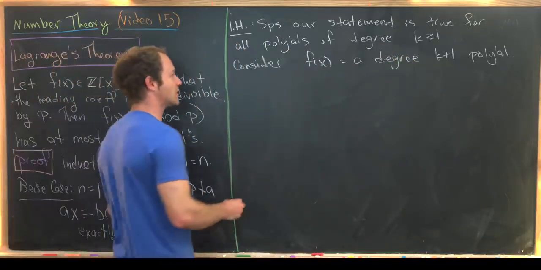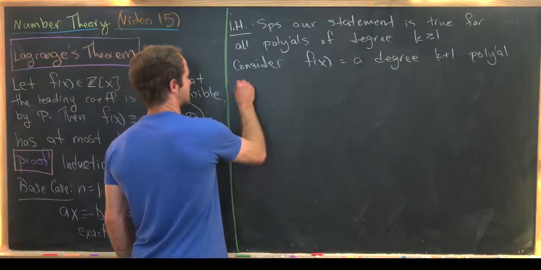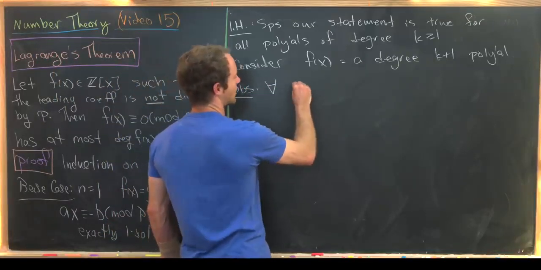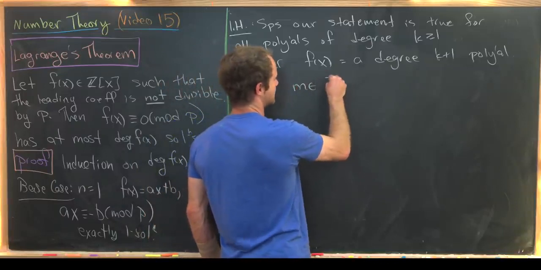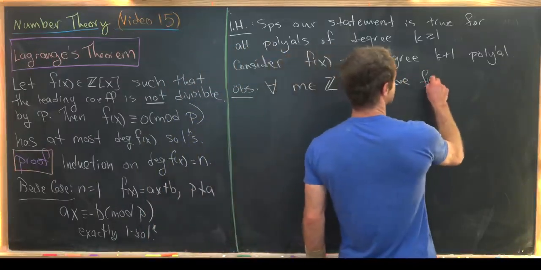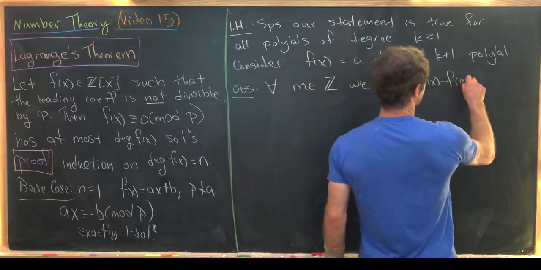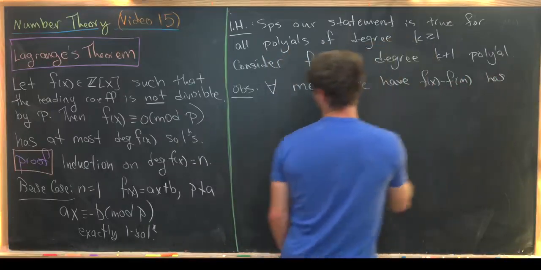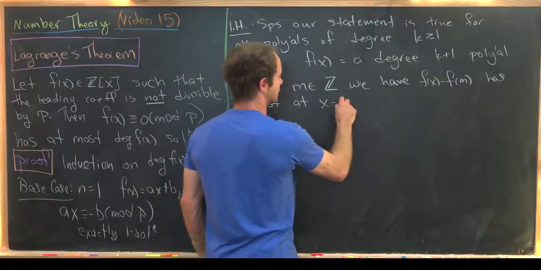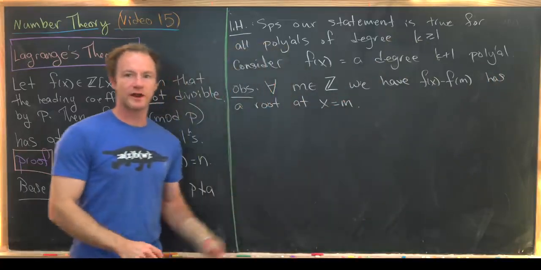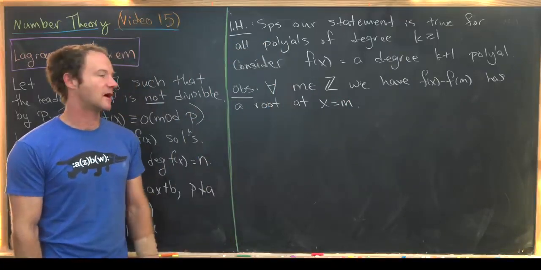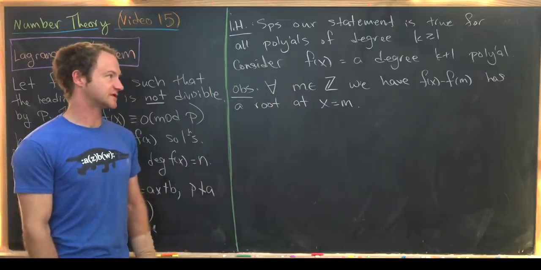Okay, now I want to make the following observation. And that is, for all integers, maybe I'll call them m, we have f of x minus f of m has a root at x equals m. So we're not working congruent to anything at this point. We're just working over polynomials with integer coefficients.